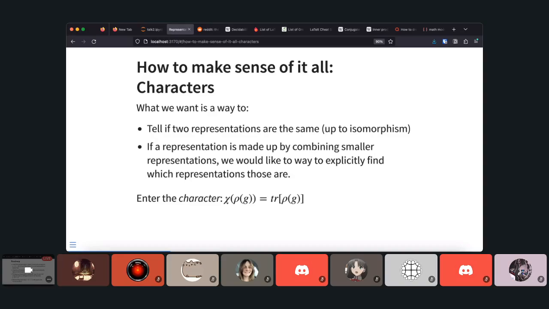And since it's so easy to take 2 representations and just mash them together, if I have a representation, it would be really nice to find a way to explicitly figure out what the sub-representations are. Like, okay, I've got this big representation. Can I break it up into smaller pieces?